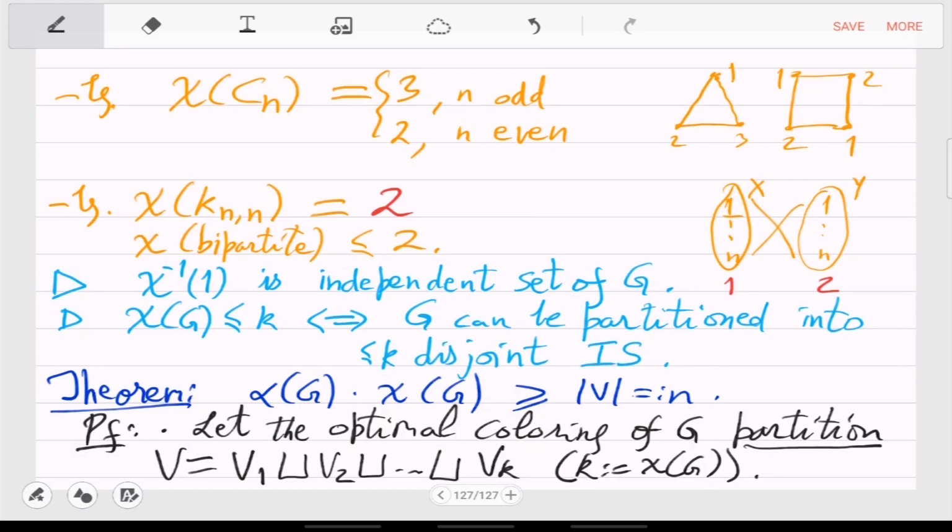On the left hand side, the number of vertices is n, right? And what do you get from the partition? What is the size of Vi? By the definition of stability number alpha G, each Vi is at most alpha G. So you get k times alpha G to be at least n.